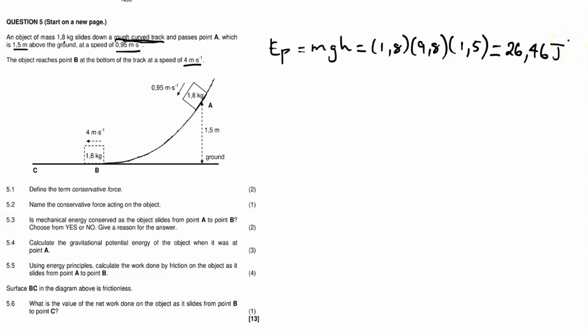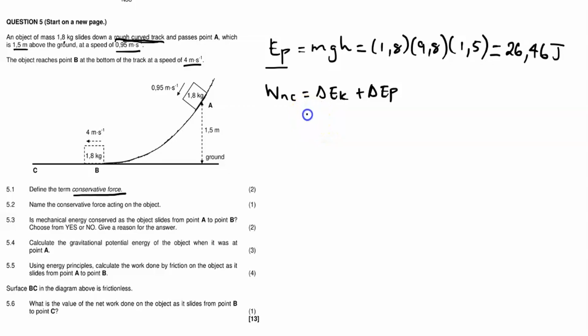And then they say, using the energy principles, calculate the work done by friction on the object as it slides from point A to point B. This is where it comes in handy to know the types of forces acting on the object. Since we just calculated EP, it's going to be wise to use the equation: work done by the non-conservative force equals the change in EK plus the change in EP.